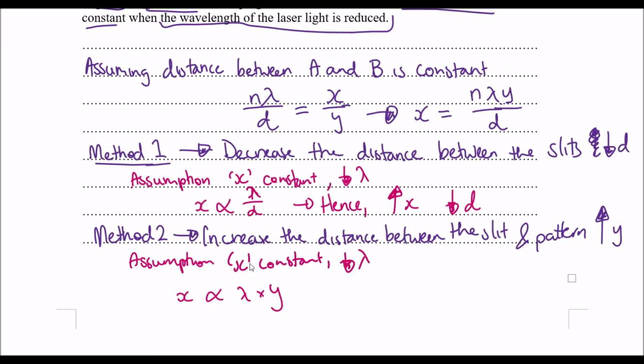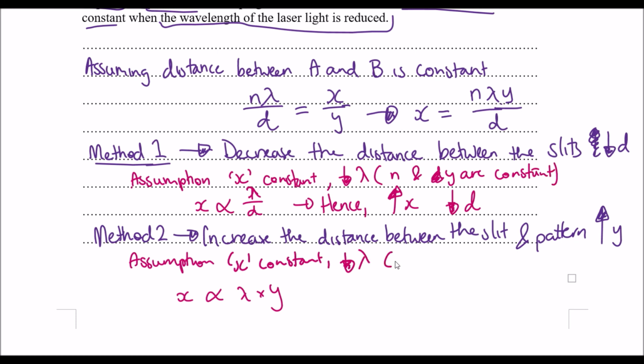So we're assuming that x is constant and all the other variables are constant, so we'll also say that n and d are constants, you can assume they're like a value of 1.